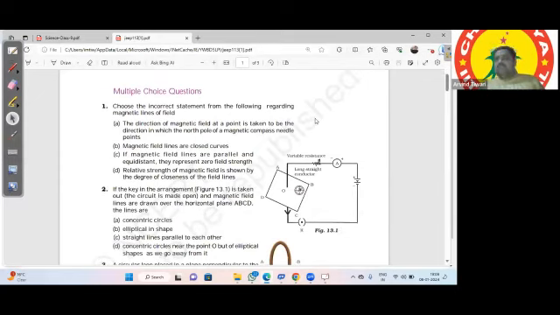Everyone should be present. Their cameras should be on. I can ask any one of you. Choose the incorrect statement from the following regarding magnetic field lines. If you know the answer, provide your answer in the chat section.